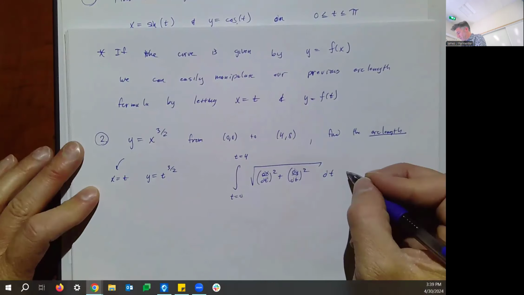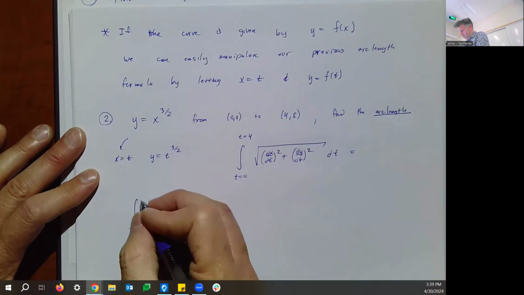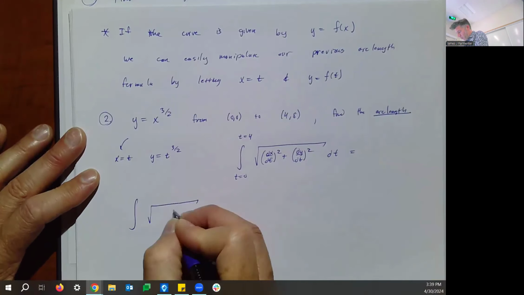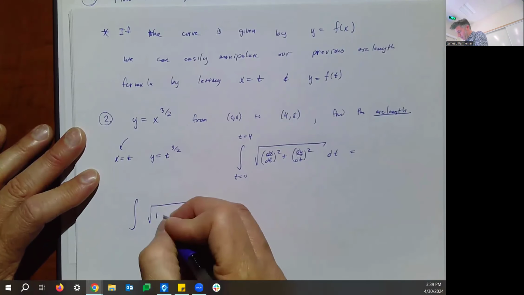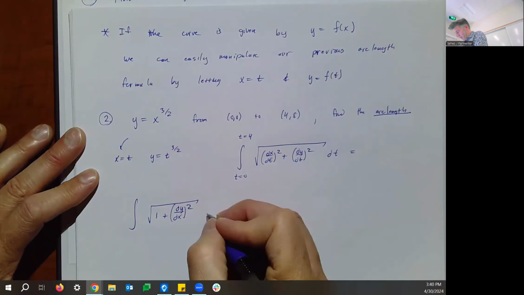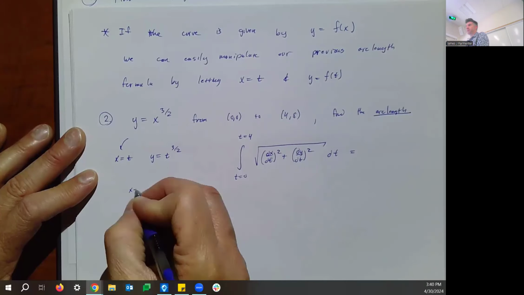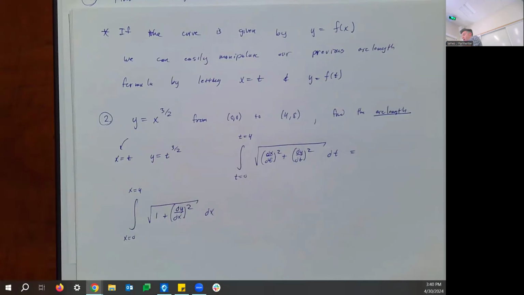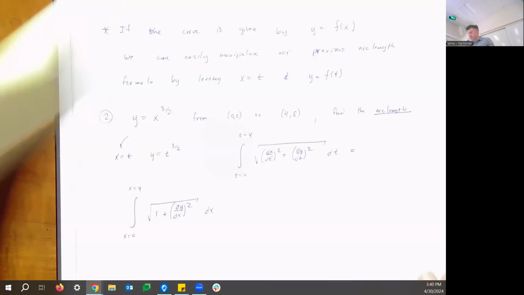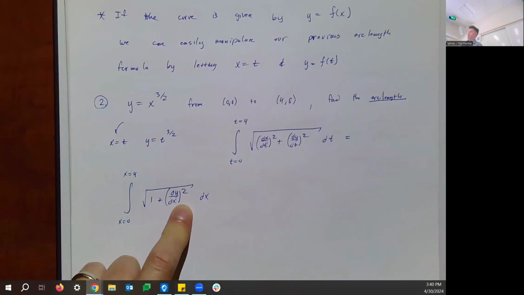So this is going to be the same as writing the integral of the square root of 1 squared plus (dy/dx) squared dx from x equals 0 to x equals 4. So if you have y as a function of x, this is the version of the formula we have. The square root of 1 plus the derivative squared. Then we're going to integrate that.